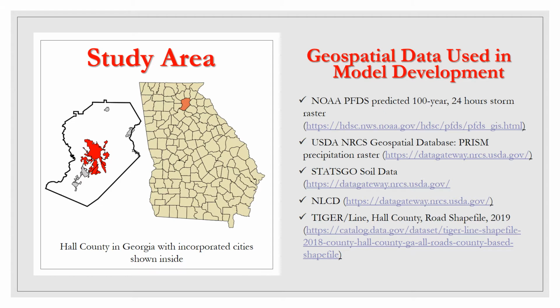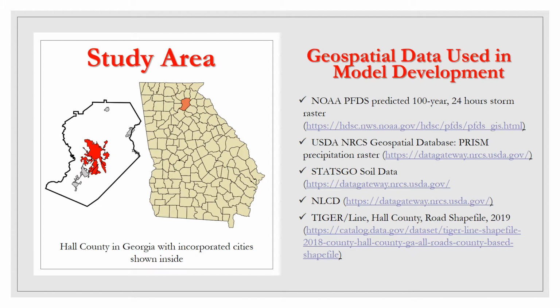So climate change based information is embedded in it. We also used the PRISM program precipitation raster, which has 30 years of data available until 2010.